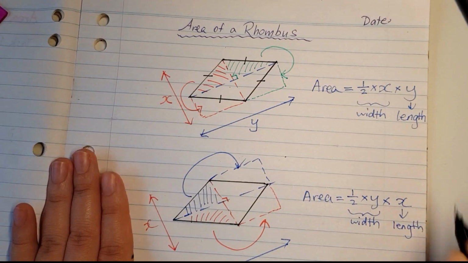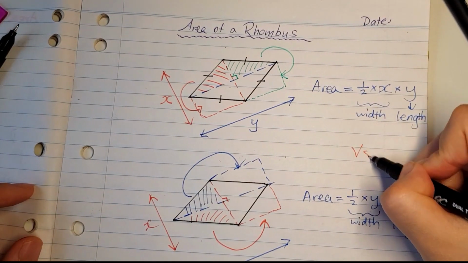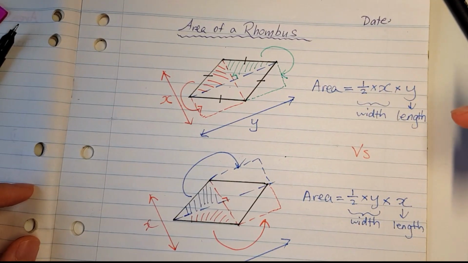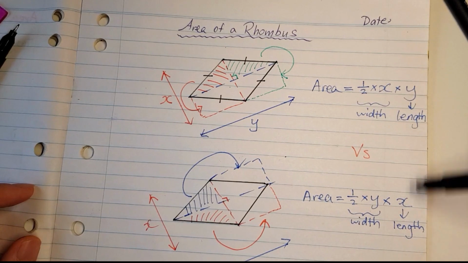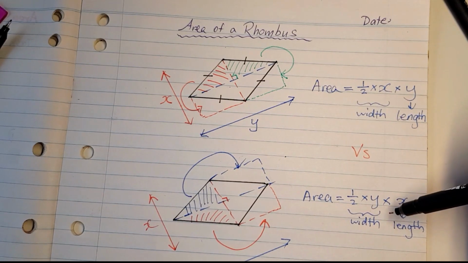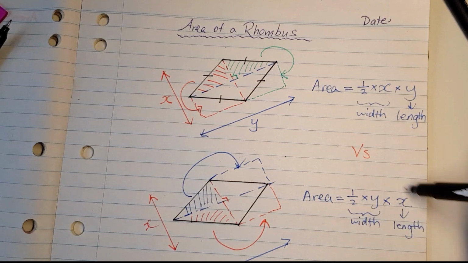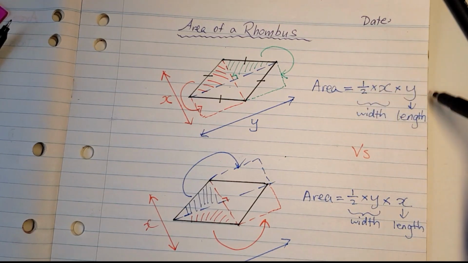And you can see that if you compare these two versions, they give us the area of the same rhombus, but they used a slightly different formula by the looks of it. But in fact, what that's telling you is that it doesn't matter which diagonal you assign as your X and your Y, as long as you're multiplying all these numbers together, it is going to give you the correct answer.